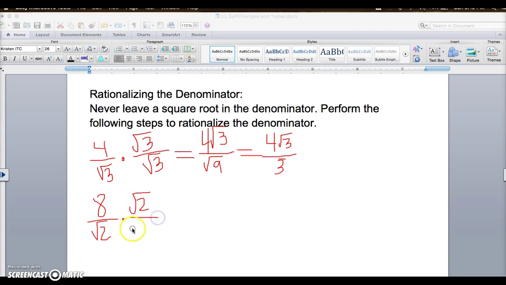Do the same process, multiply by the square root of 2 over the square root of 2. So this time you can't multiply 8 times 2 because that's inside the radical, that's outside. So it's just 8 times the square root of 2 over square root of 2 times the square root of 2 is the square root of 4.